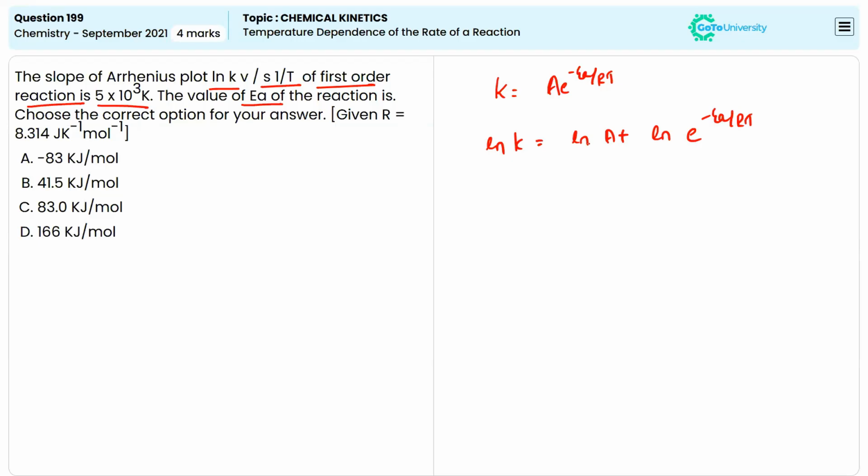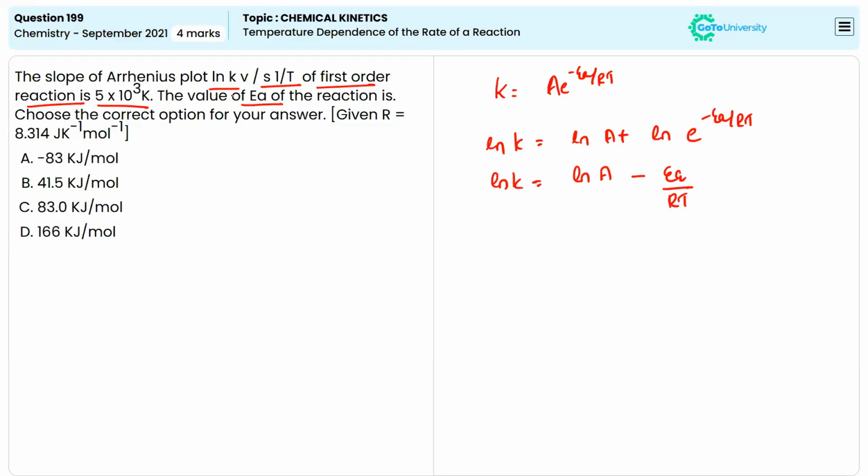Now we can rearrange this: ln K is equal to ln A minus Ea by RT.